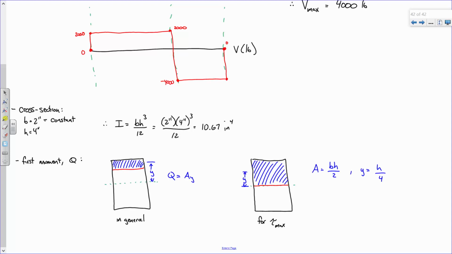So therefore, BH squared over 8. What does that come out to be? Say it again. 4.